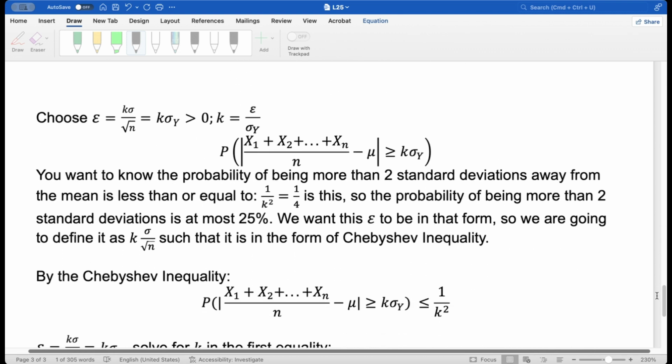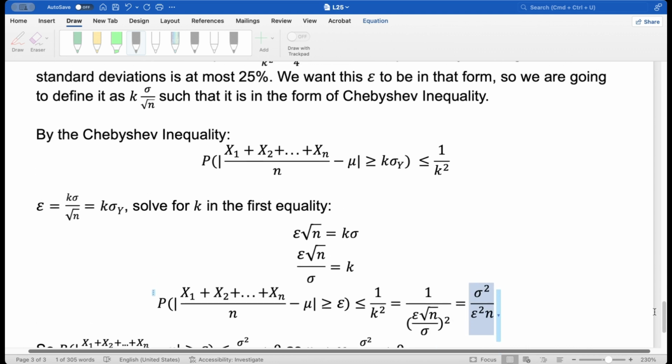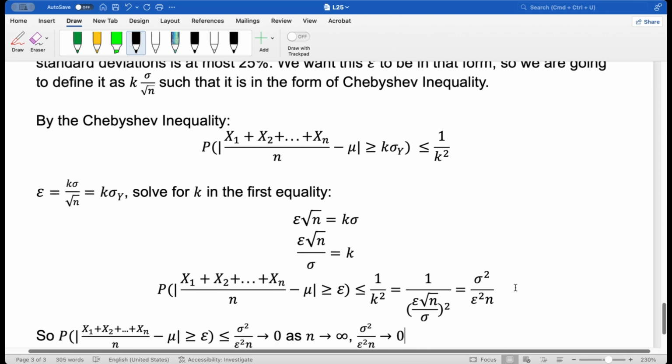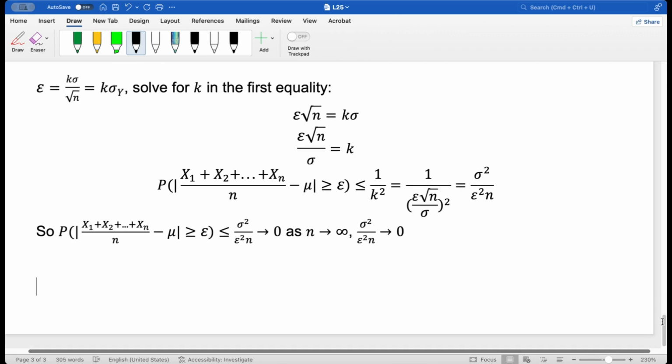You certainly don't have to do it both ways, but hopefully it provides some insight into this procedure. So the idea here is that as n gets large, this expression is of the form a constant over infinity, and so that will go to 0. As n goes to infinity, this expression, constant over infinity, goes to 0, which is what we were trying to show.